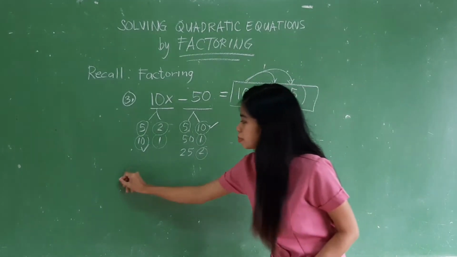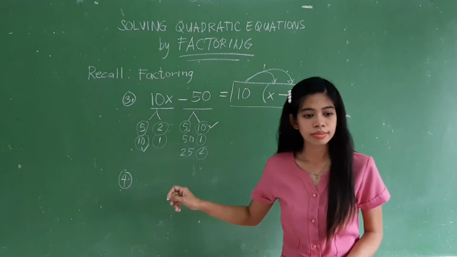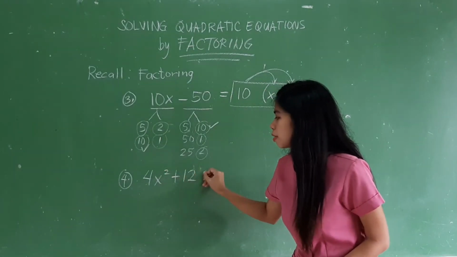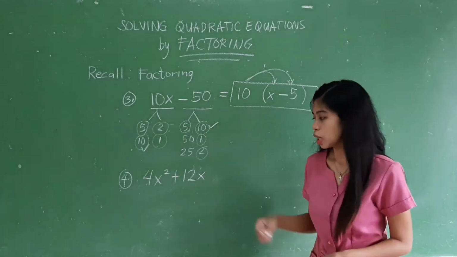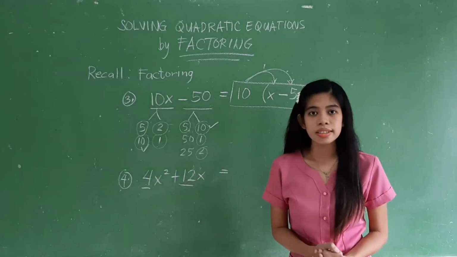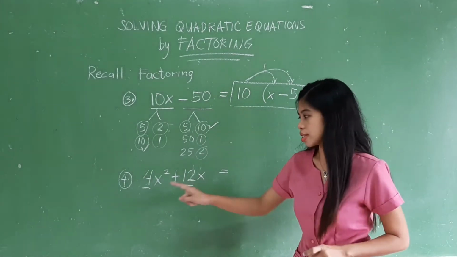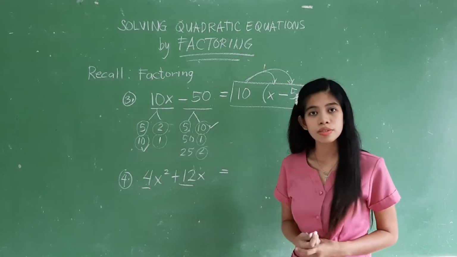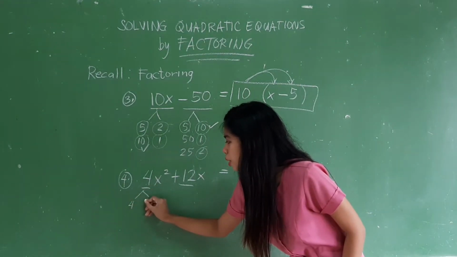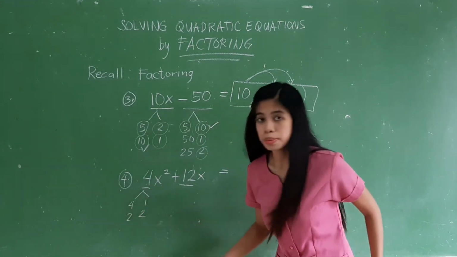How about this one? 4x squared plus 12x. Okay? Once again, look at the numerical coefficients, the numbers. That's 4 and 12. So what are the factors of 4? It could be 4 times 1, 2 times 2.